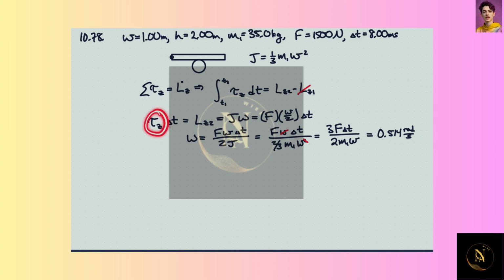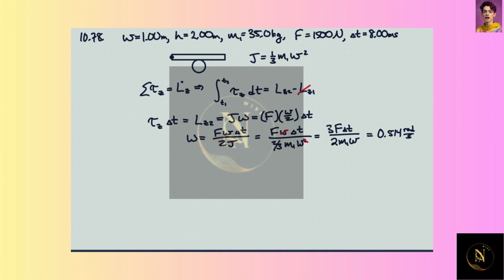And now the torque over this delta time is just the force that's acting over that time times w over 2, because it hits halfway along the door. And then we have delta t. So omega equals f, the force, times the width of the door, times the time over which the ball was in contact with the door, divided by 2 divided by the mass moment.